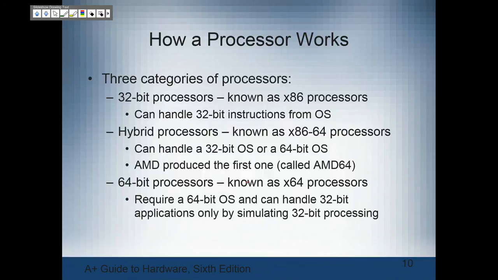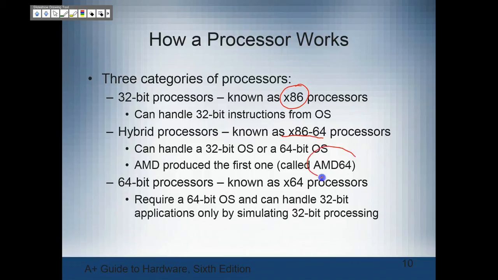32-bit processors are x86. You ever wonder why they call it x86 instead of 32 or something like that? Intel numbered all of the processors with an 86. So the 32-bit systems are x86 systems. The hybrid x86 and 64 means that you can install a 32 or a 64-bit operating system on them.